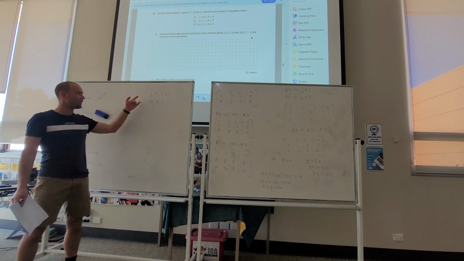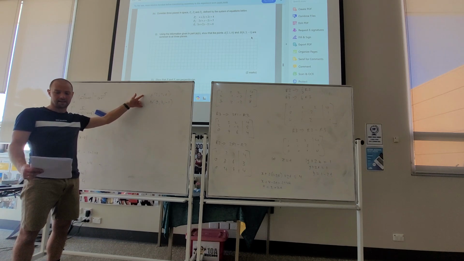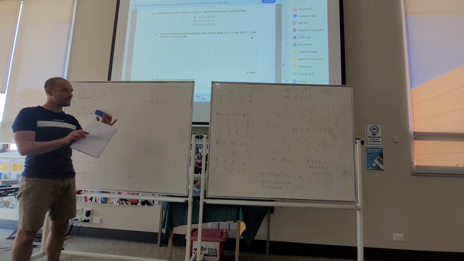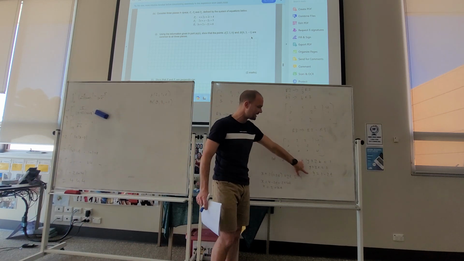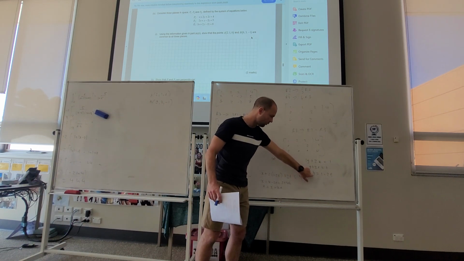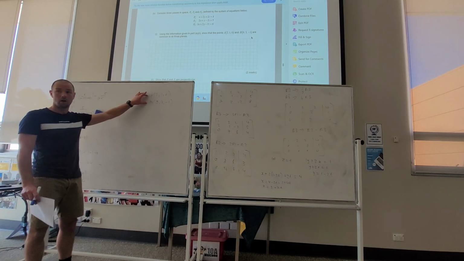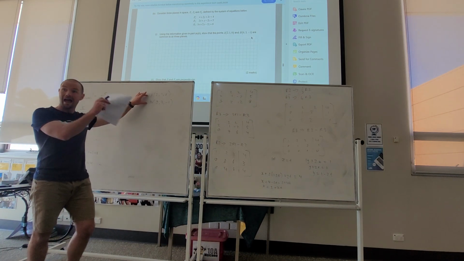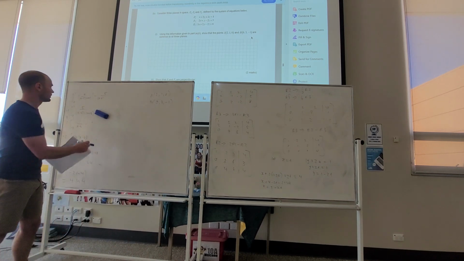Now, if these points lie on all 3 planes, that means they lie on a point that is shared by all 3 planes. Okay, now what we found here, this is the insight, is we found all 3 planes intersect along a line, z, y, and x. And so that means if these points lie on all 3 planes, it means they have to lie on this line. Okay, so here's what we do.